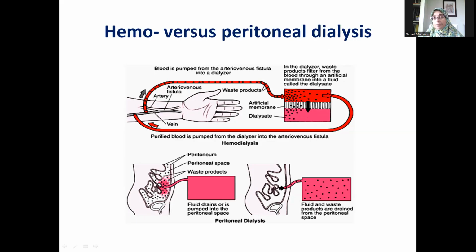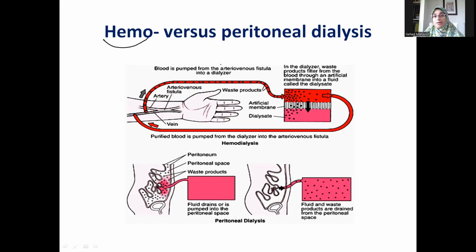So we have two types of dialysis. The most famous, and also the most efficient, is hemodialysis, and the other is peritoneal dialysis, which we use in certain conditions when it is difficult to use hemodialysis.